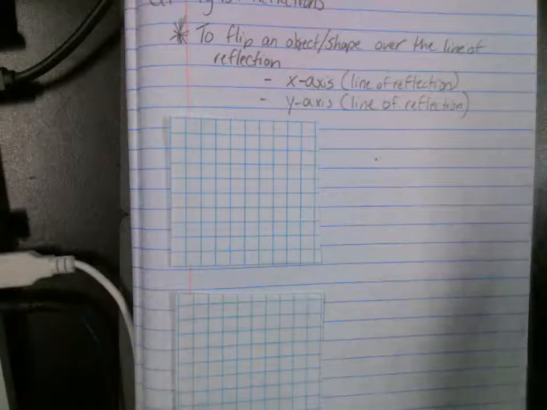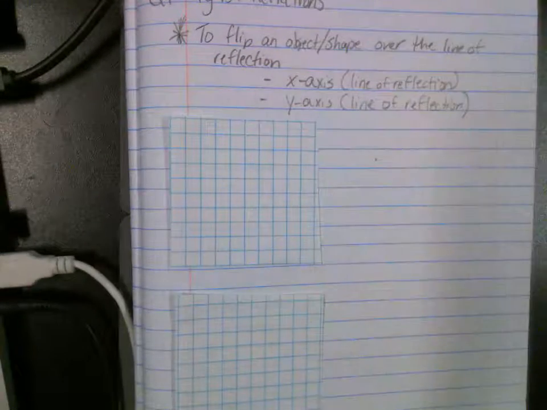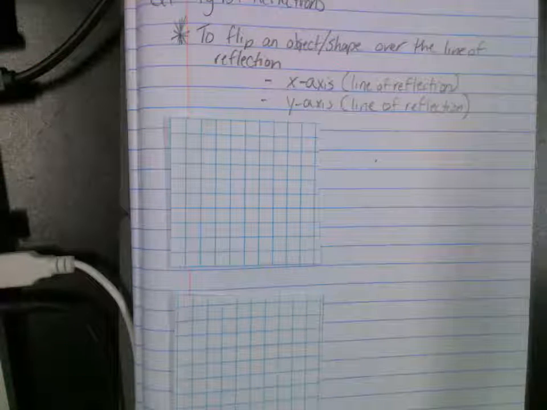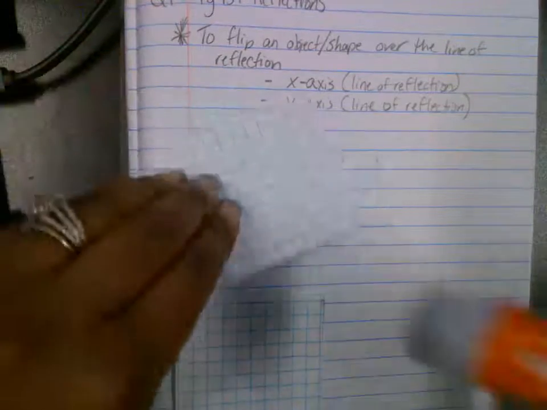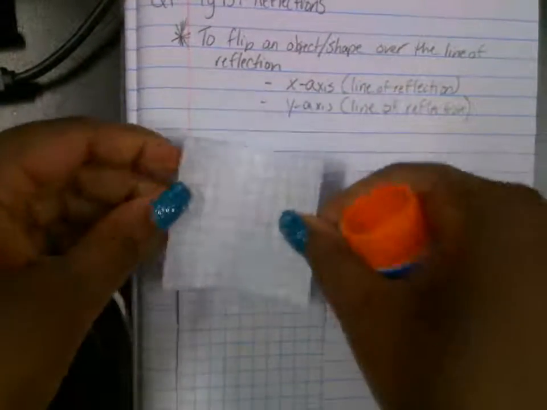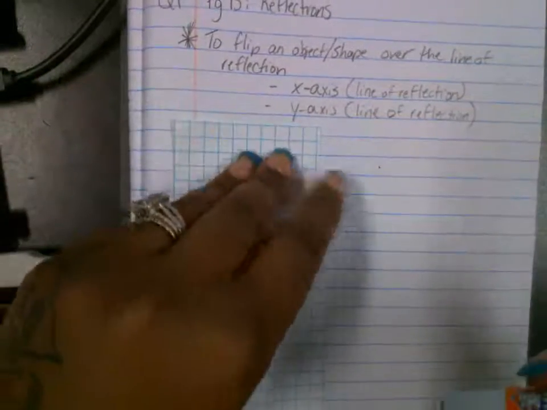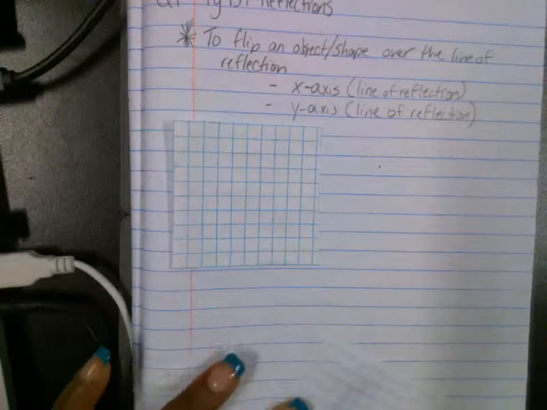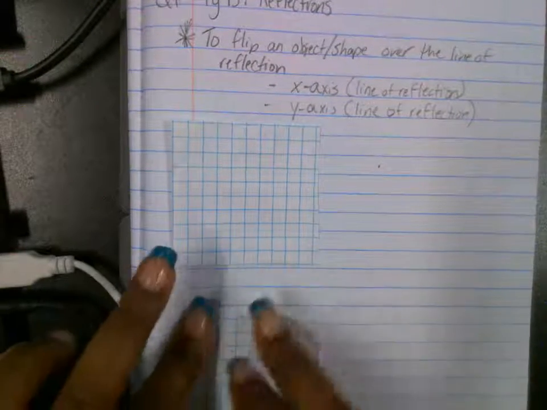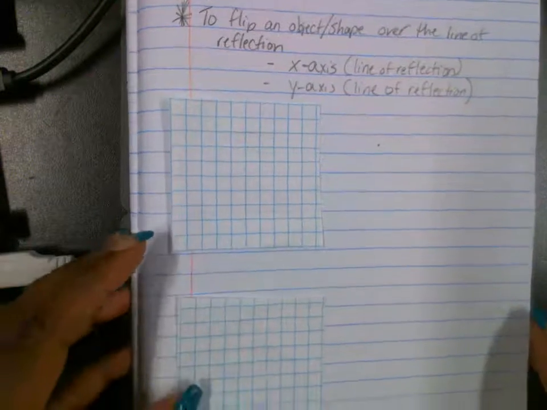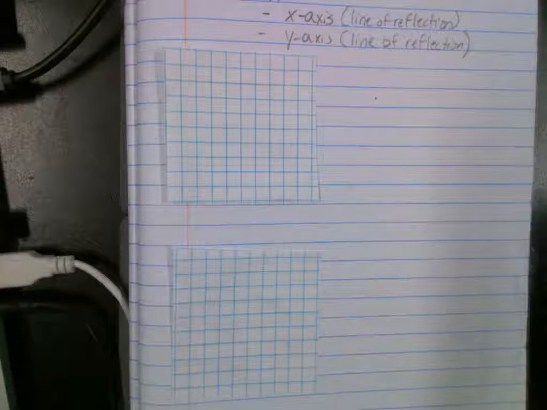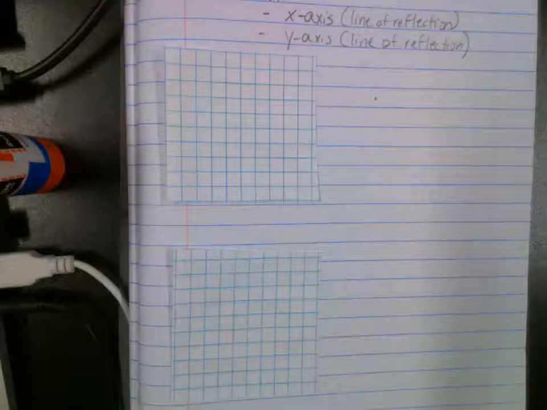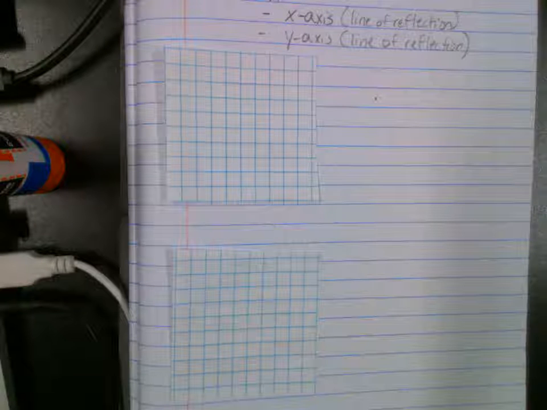All right, so we're going to glue these down. Make sure you have space along the side right here because we're going to write here. Glue them both down, please.